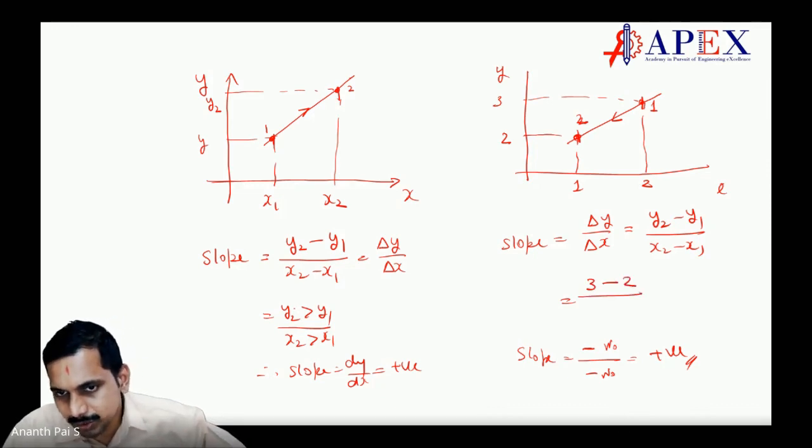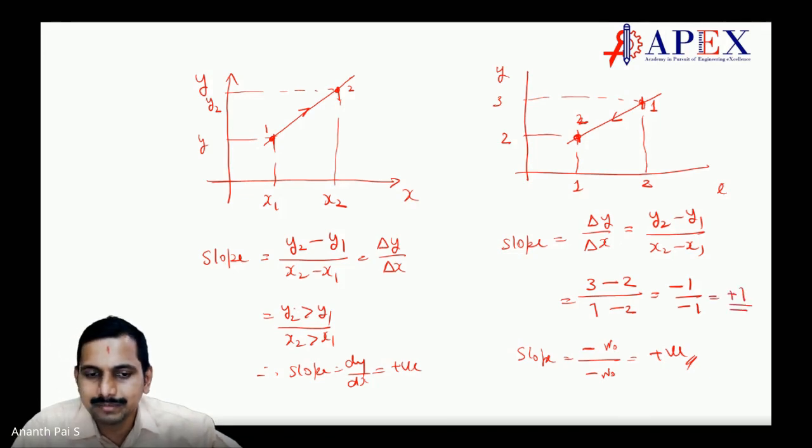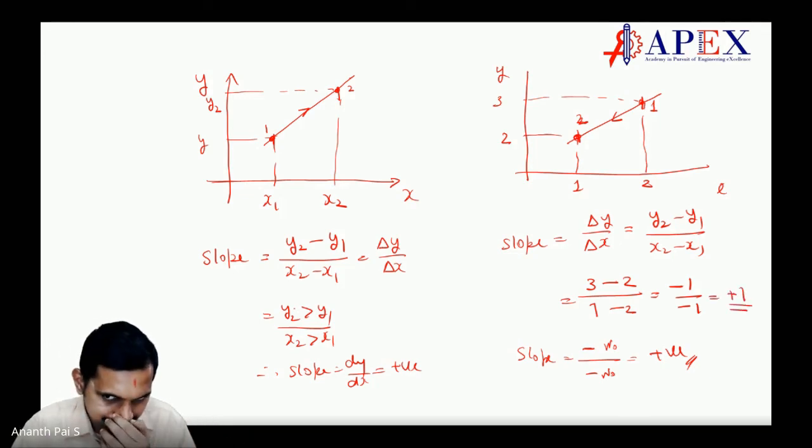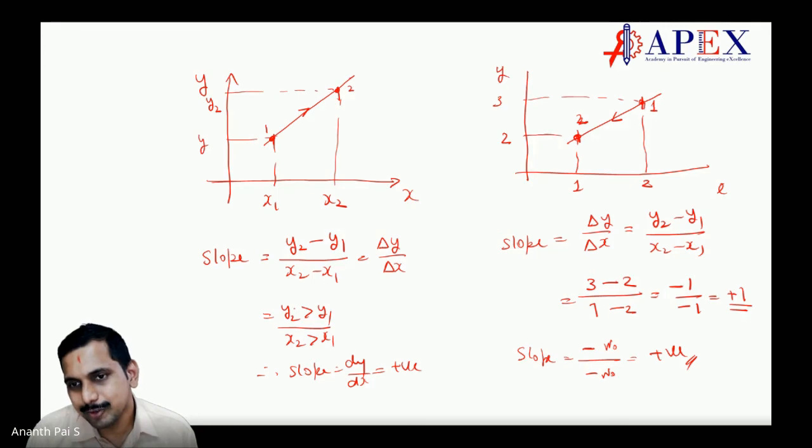What is x2? 1. What is x1? 2. What is this answer? Minus 1 divided by minus 1. What is the slope? Plus 1. Positive slope. Correct?